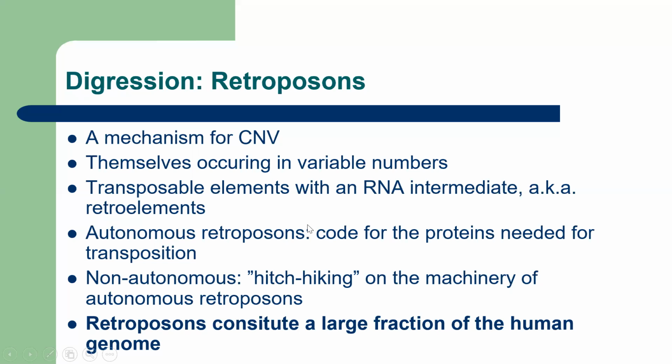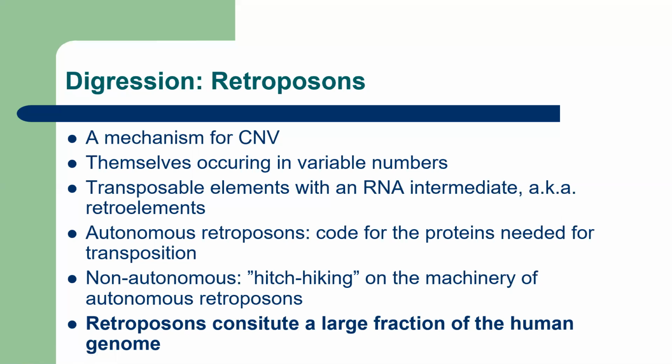Now, these transposable elements have an RNA intermediate, and for that reason they are called retro elements, because they are kind of reverse copied from RNA into DNA to make changes in the genome. There are some retroposons that are autonomous, so that they themselves code for proteins which are needed to create the transposition.